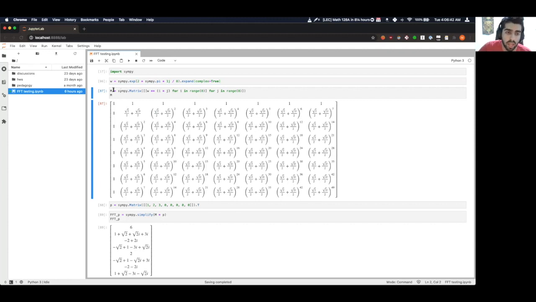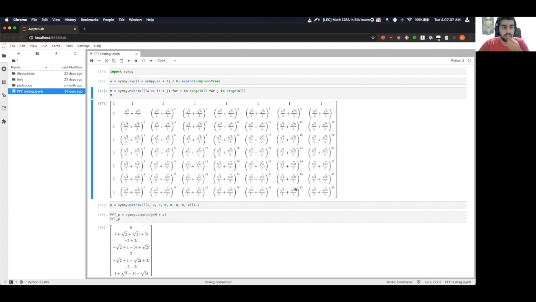Okay, and then M, I've constructed here, is the Vandermonde matrix that we made before. So you can imagine that square root of 2 over 2 plus square root of 2 i over 2, this term here, is just omega. So this column is omega squared, omega cubed, omega to the 4th, and so on.